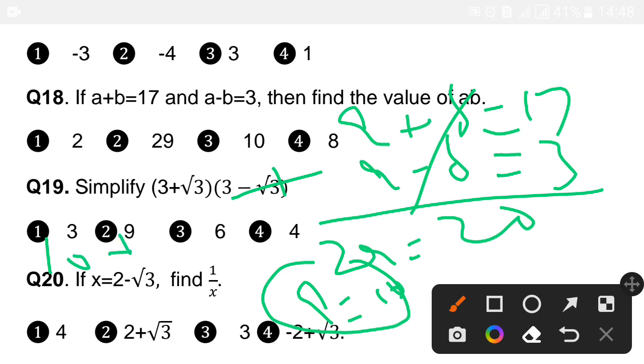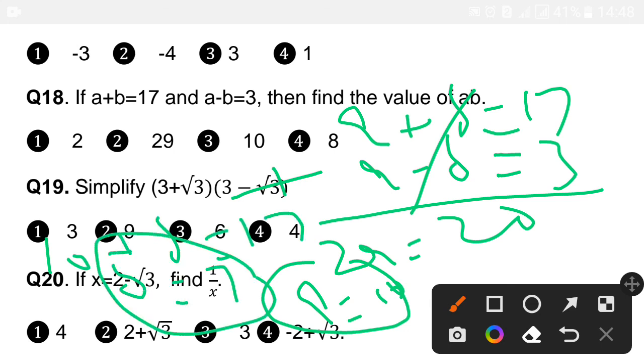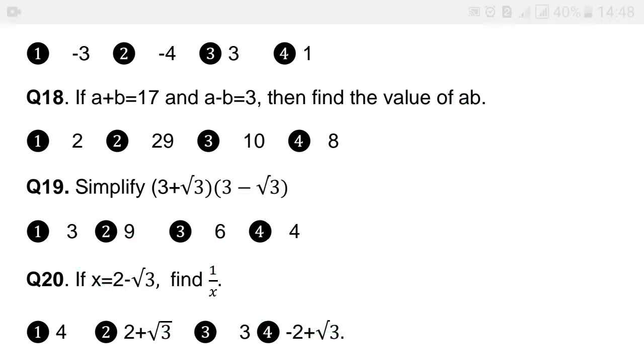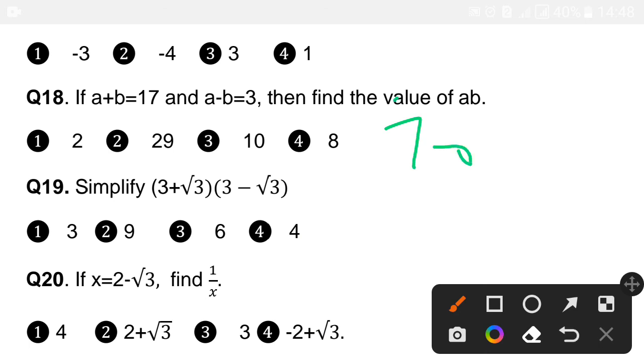So we have 10 plus b is equal to 17, or b is equal to 17 minus 10, which is 7. So a is 10 and b is 7. The product ab is 10 into 7, which gives us 70. So the value of ab is 70, which is not present in the given options. So the given options are wrong and the answer is 70.